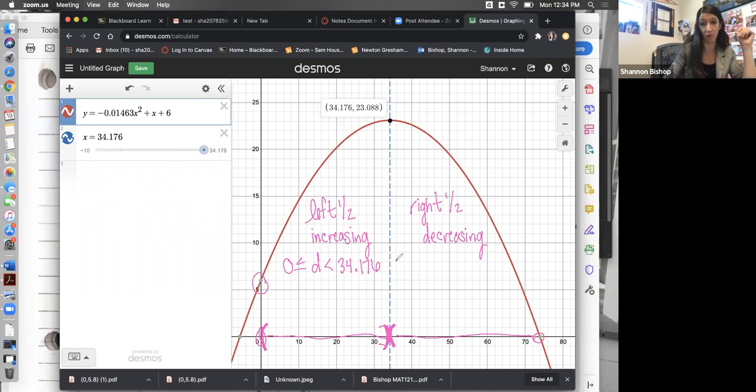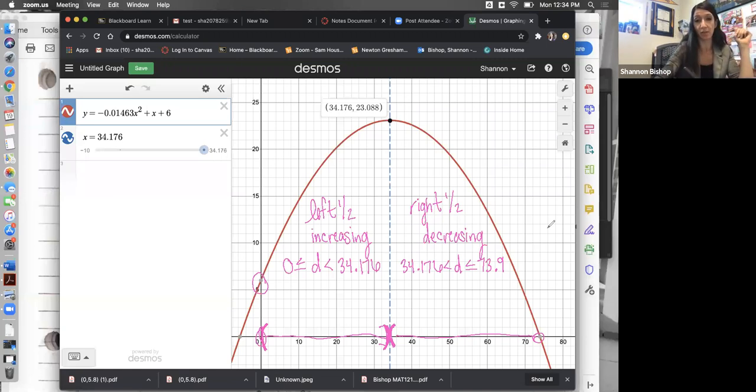So this interval starts at 34 and ends at the horizontal intercept, which is 73.9. So notationally, everything above 34, all the way up to 73.9. Again, notice my intentional non-inclusion, no equal to bar, on the 34.176.